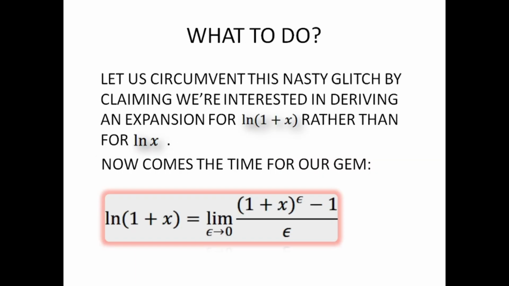Okay. So to circumvent this nasty glitch, we are interested in deriving an expansion for ln(1 plus x) rather than for ln x. We can do that. Now comes the time for our jump. We are going to apply our jump right here. ln(1 plus x) is equal to limit epsilon goes to 0, ((1 plus x) power epsilon minus 1) divided by epsilon.